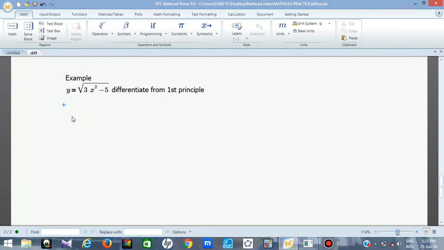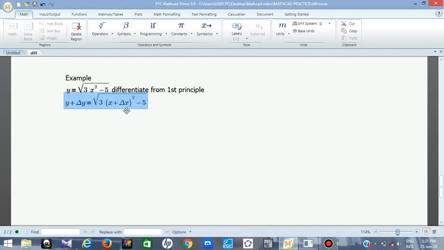So you have your y plus delta y equals square root of 3, then the x you need to put in bracket because you are adding, x plus delta x, then raised to power 2, then minus 5.